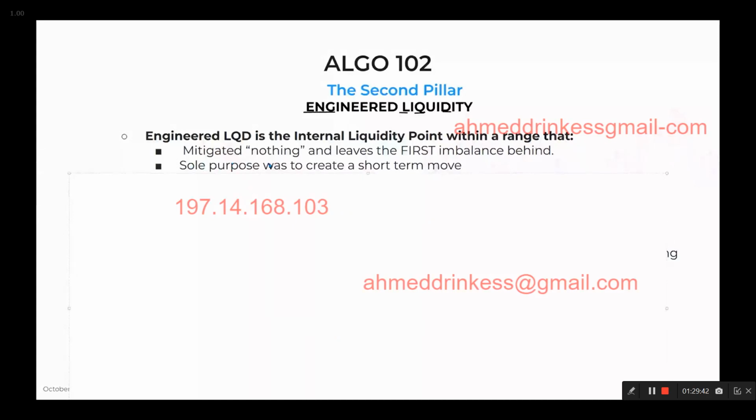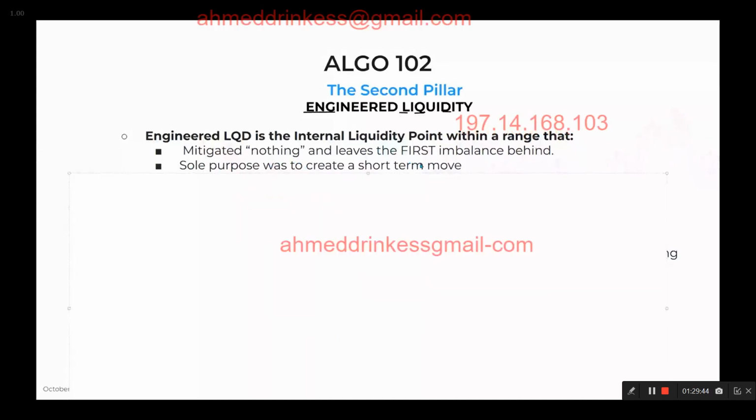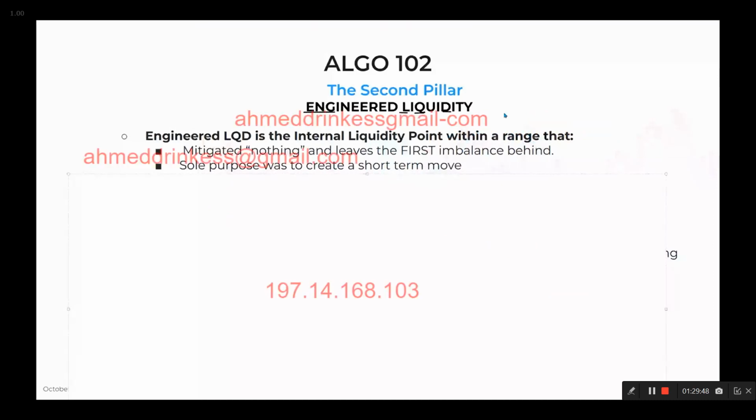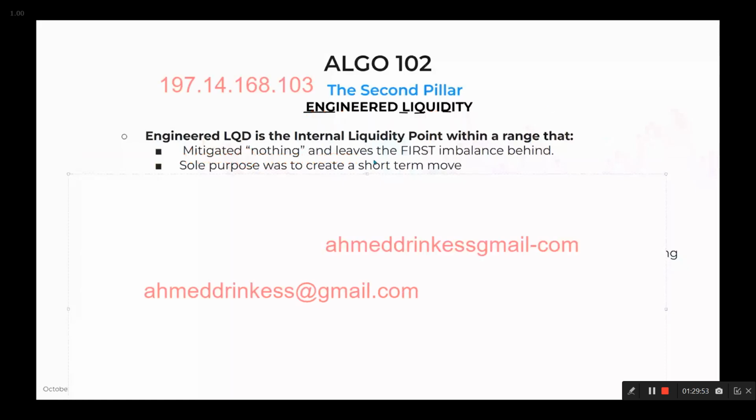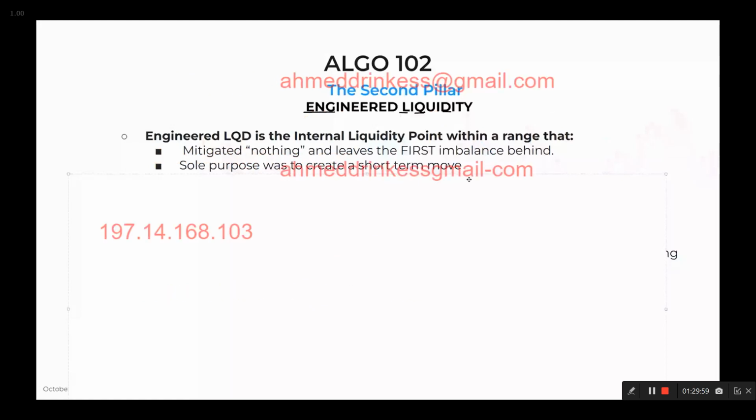The sole purpose was to create a short-term move that'll end up being taken out before the real move. Purpose was to create a short move for the real move to take it out.